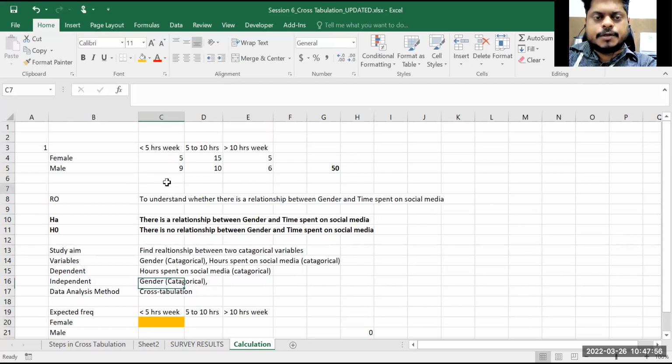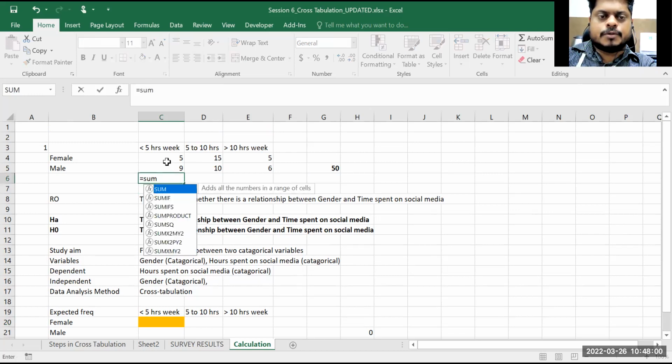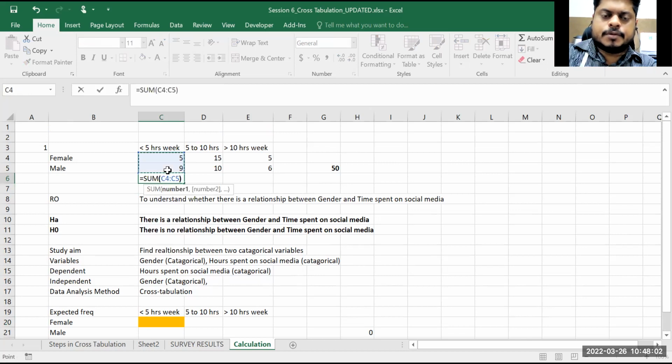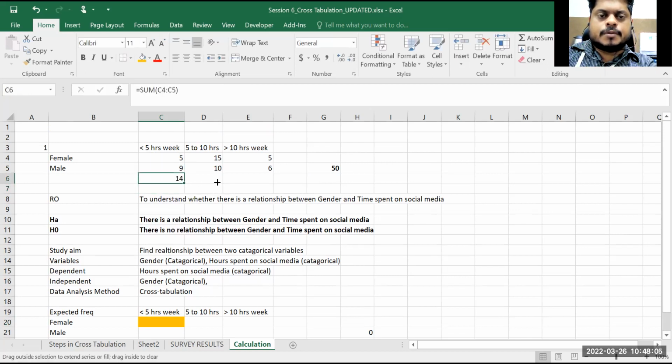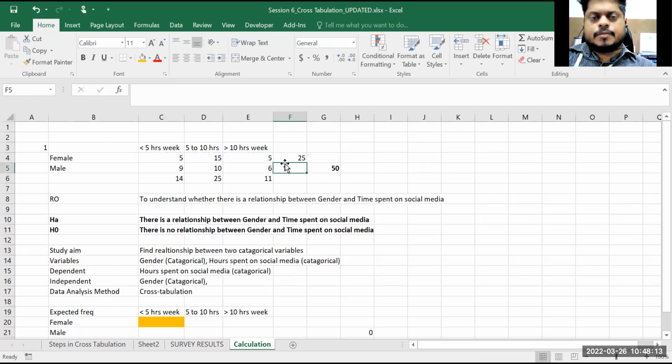I can actually write it here. Total number in the row, what will be total number in the row? Number in the column. Okay.